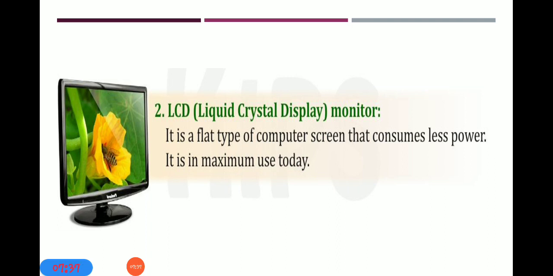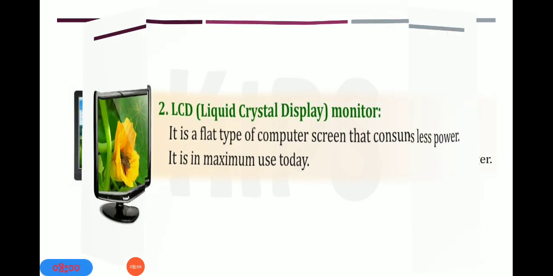It is a flat type of computer screen. Okay, you can see in the picture there is a flat screen. And it consumes less power also, which means whenever you start working on it, it will consume less electricity, and it is in maximum use today. We are using this LCD type of monitor.